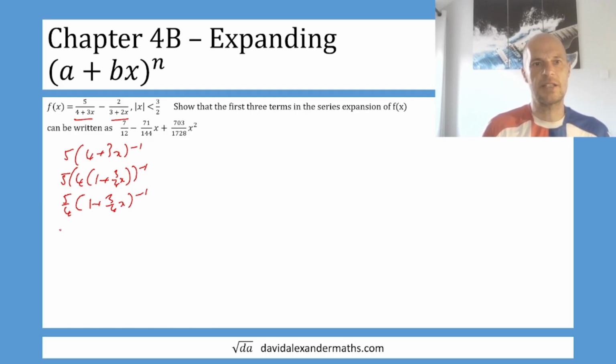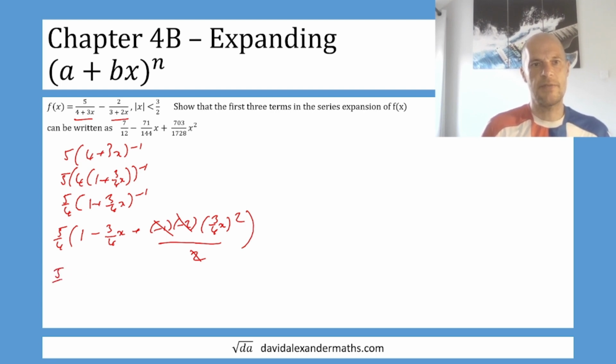So now we can do the expansion, so that's 5/4 multiplied by 1 minus 3 over 4x plus minus 1 times minus 2 multiplied by 3/4 x all squared all over 2, and the 2 will cancel out the minus 1 and the minus 2 there.